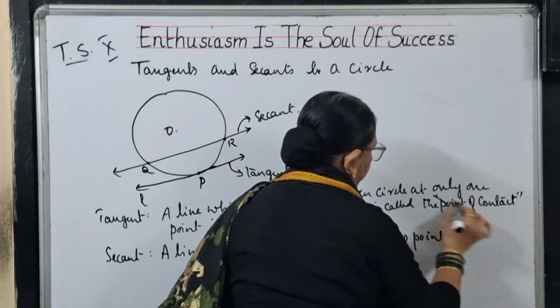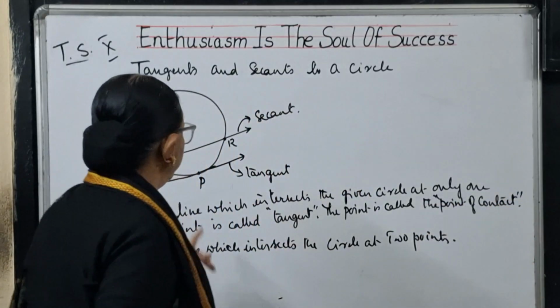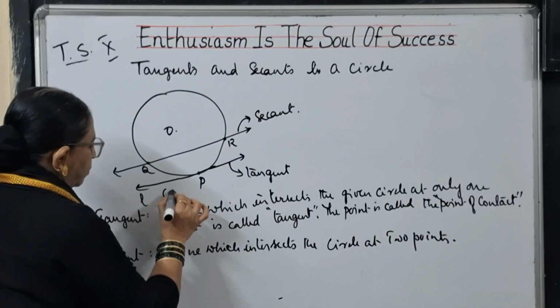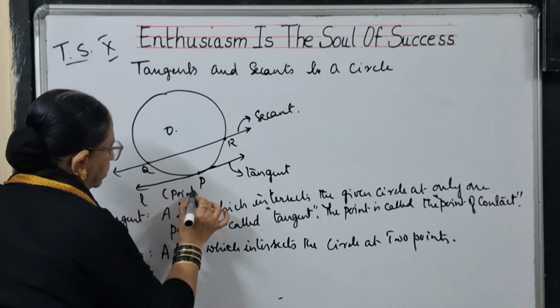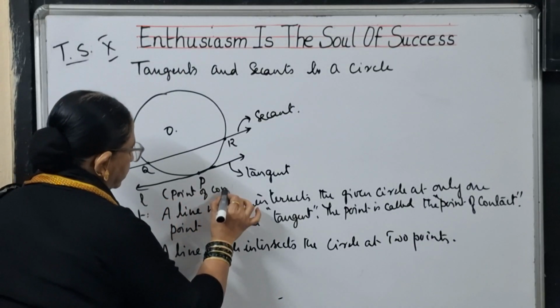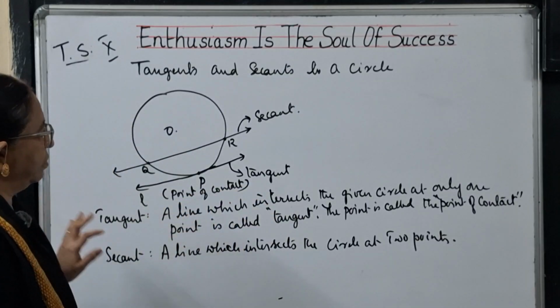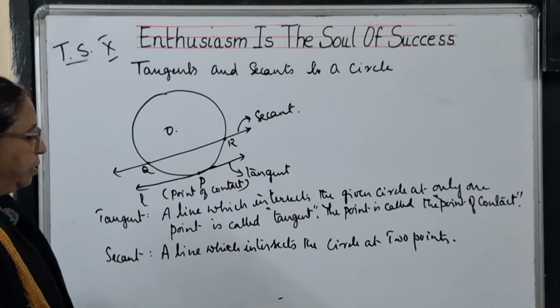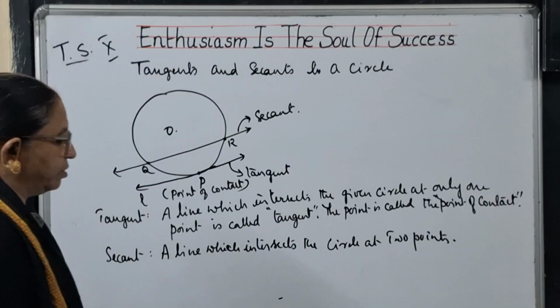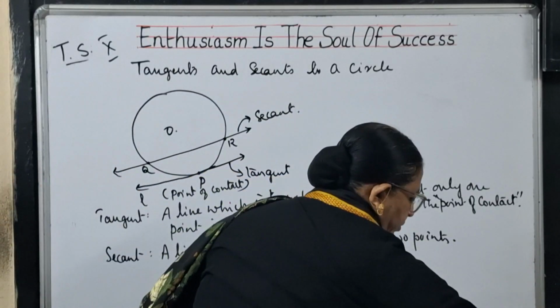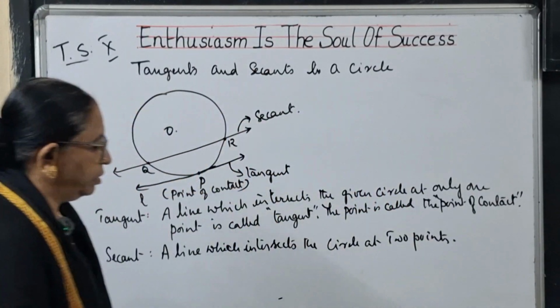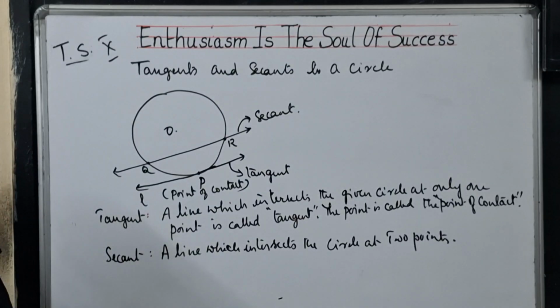This point has got a specific name, P. This P is called the point of contact. So this is a small introduction about tangents and secants, children. Please note it down.